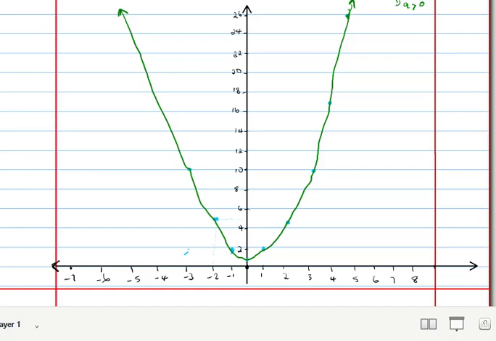Plotting that point. Let's see, 5.5 should be somewhere around here.